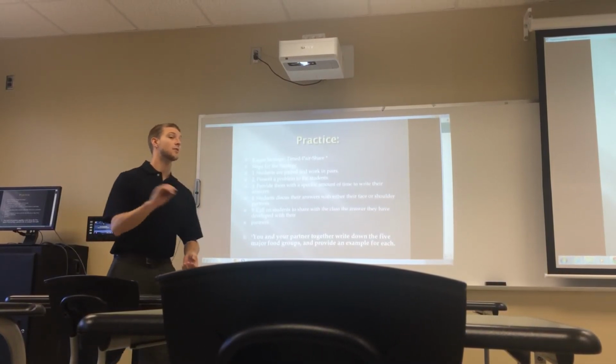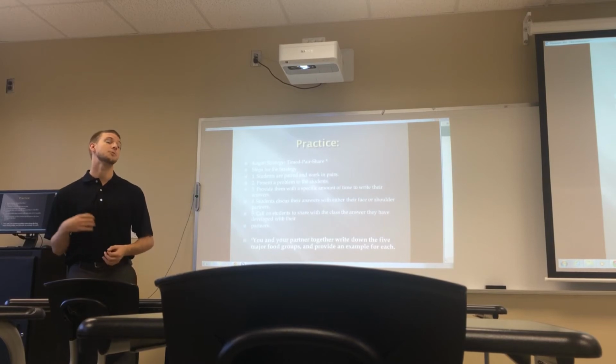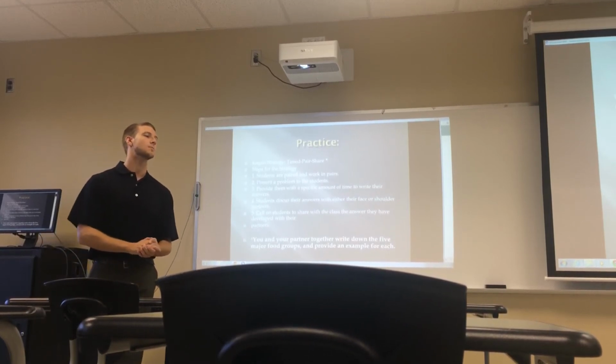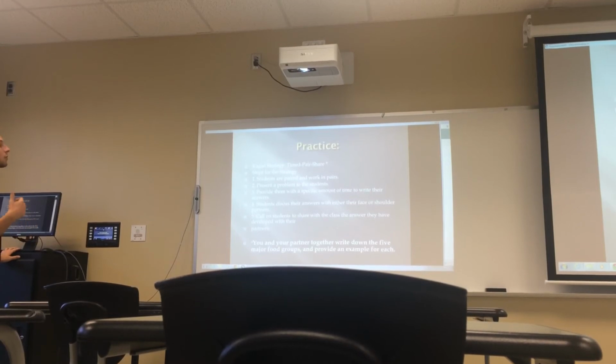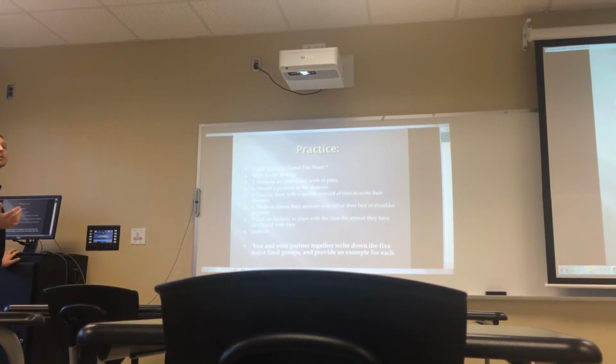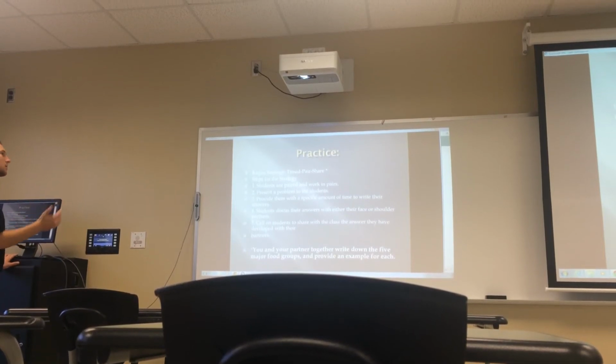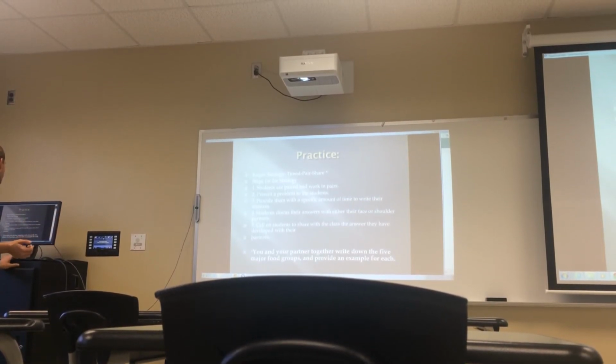You would write down your 5 major food groups and give an example of each. We don't have to do that because y'all know your major food groups, but that would be an example. So it's really structures that we've already been exposed to, but this is what they're called: Kagan strategies.